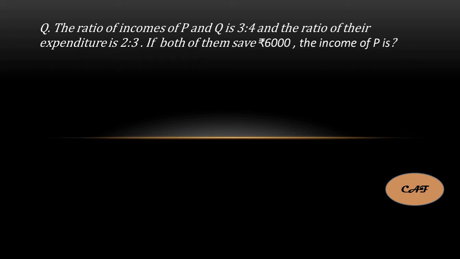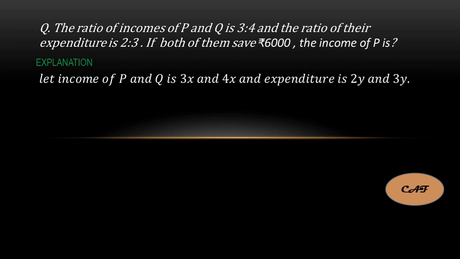But we can't tell the income as 3 and 4, it is in multiples of 3 and 4. So I am assuming incomes of P and Q are 3x and 4x, and their expenditure is 2y and 3y, taking variables.